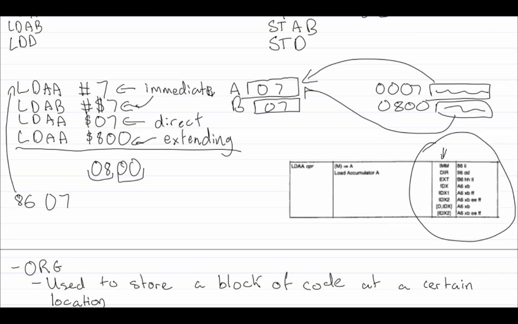We know that it's extended memory addressing. So we have to write B6, and then we write the memory address. First we take the high byte, which is the 08 part, and then 00, because that's the rest of the address.